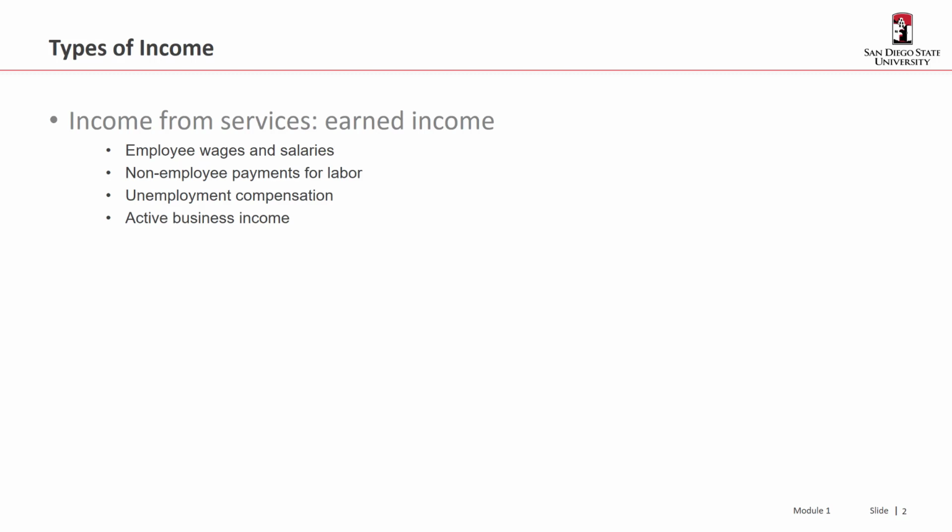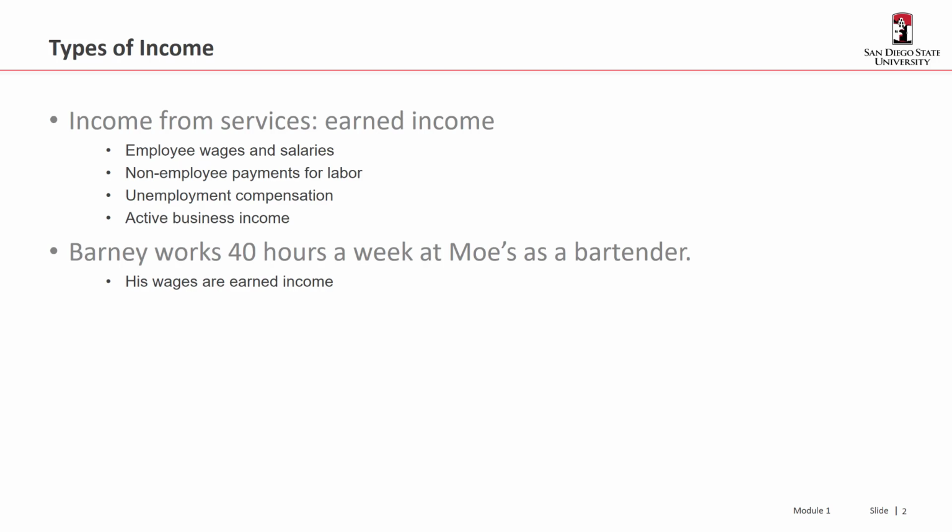Unemployment compensation. These are all forms of earned income as well as active business income. So for example, if you're participating in a business, like you own a pizza shop, or you're an accountant, or you're a doctor, or you're a lawyer, or you own a store, all those things would be active business income, and that's based on the services that you're providing.